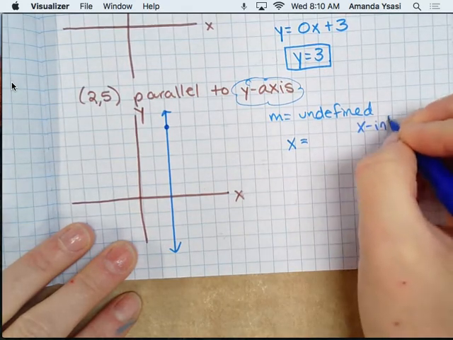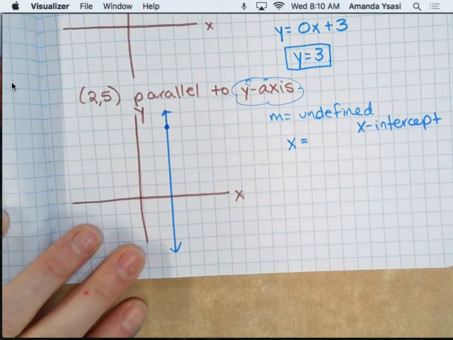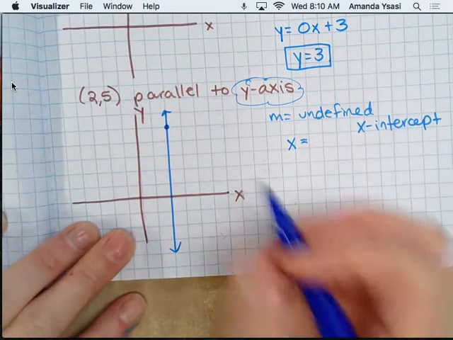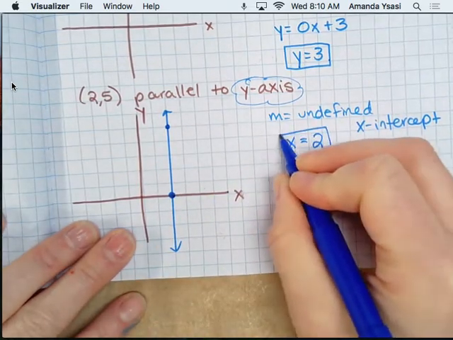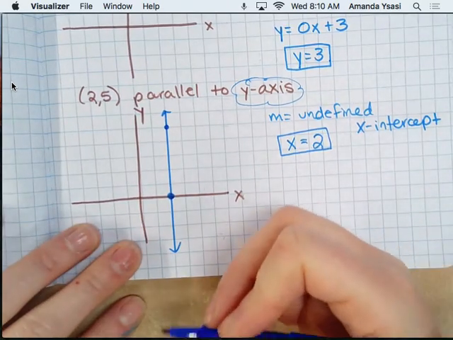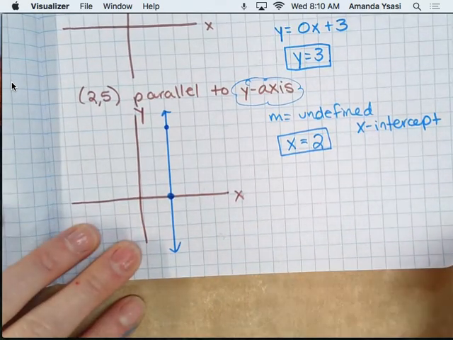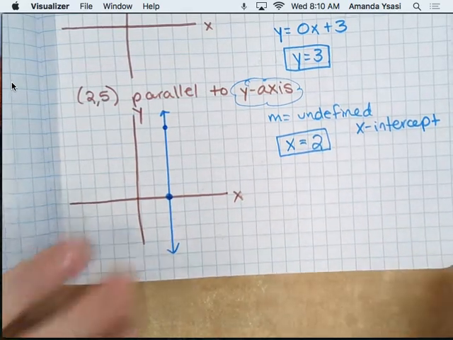That's what we're going to look for, and that's what our line is going to be. x equals 2. Undefined slopes don't even have a slope-intercept form. Undefined slopes are written as x equals some number.